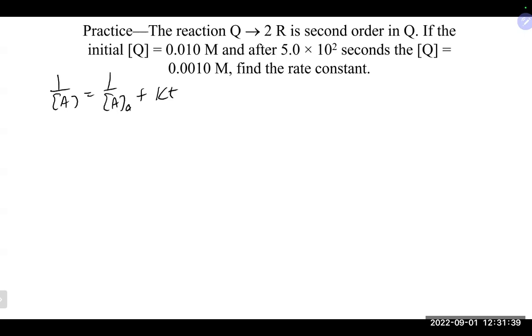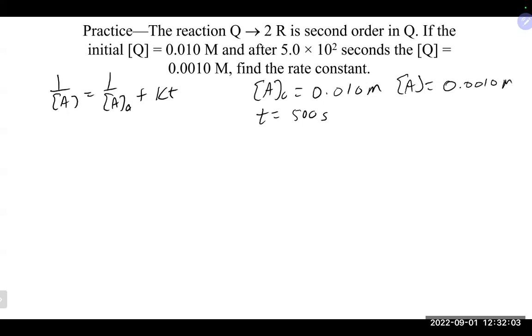In this case, we have some initial concentration, which is 0.01 molar. We have time, which is essentially 500 seconds, I believe. We have our final concentration here of 0.0010. That's a lot of ones and zeros. So we have everything here except for obviously the rate constant we're looking for.